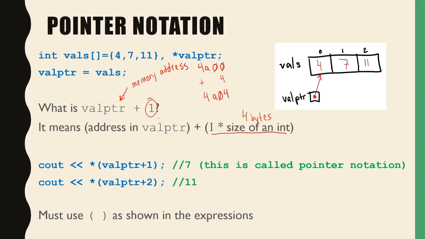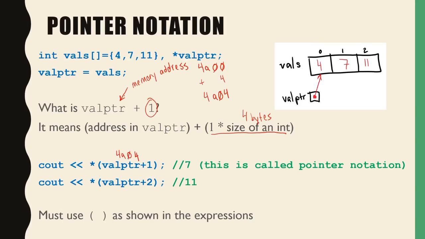So when you add 1 to a pointer, you're going to the next memory address of the next element in the array. Basically, it's like putting the index of the array. So right here, this line right here, I have parentheses around val pointer plus 1. So we already know that this is 4A04.